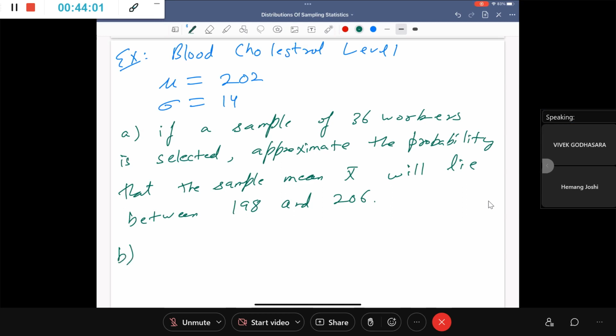Okay, so you are given the mean, you are given the standard deviation, and you take a sample of 36 workers, and you want to approximate the probability that the sample mean will lie between 198 and 206. And then you repeat this for 64 workers. Okay, so you try it out. I'll give you a few minutes to do it.